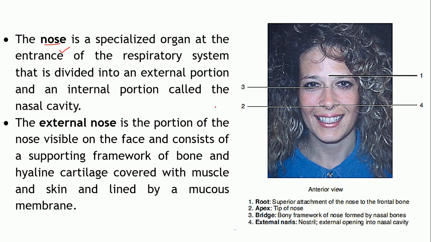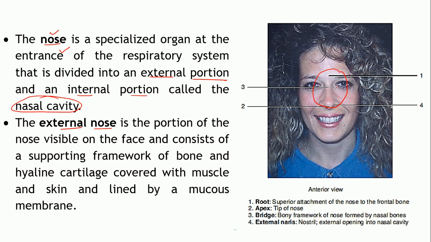Now, this particular organ, the nose, is divided into an external portion, the one which we see externally on our face, and an internal portion. This internal portion is referred to as the nasal cavity, which is present within our nose. Now, the external nose is the portion which is visible on the face.